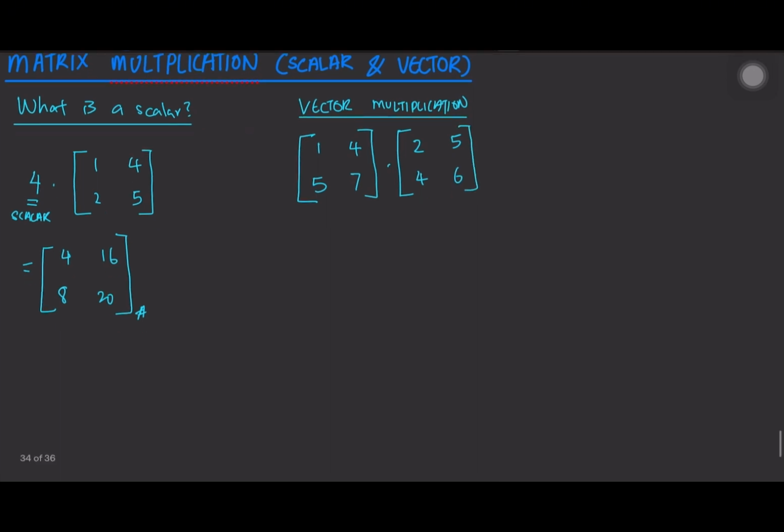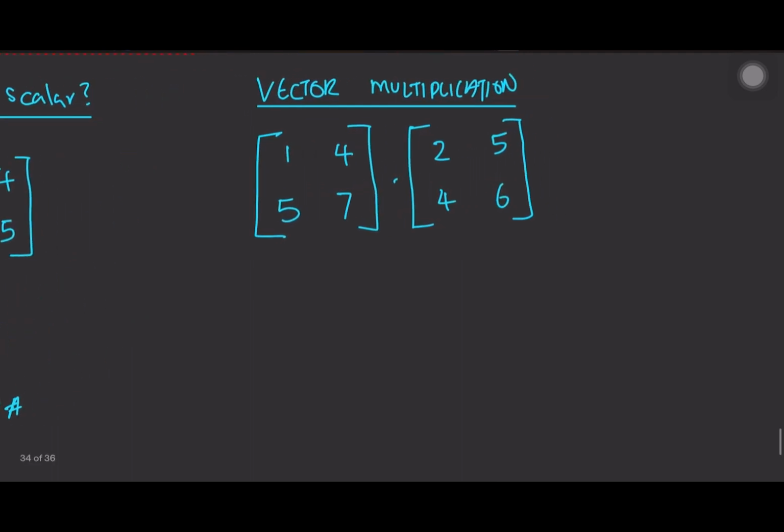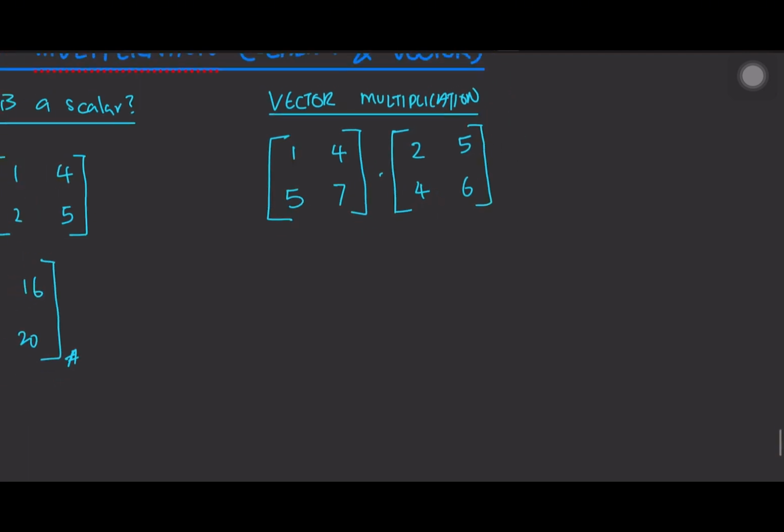Now, what you may think is that we multiply each of them by each other, but that's not how we do it. A very simple way to understand it is that we multiply each row by each column. But before that, we want to make sure that we can multiply them. Not all matrices can be multiplied by each other.